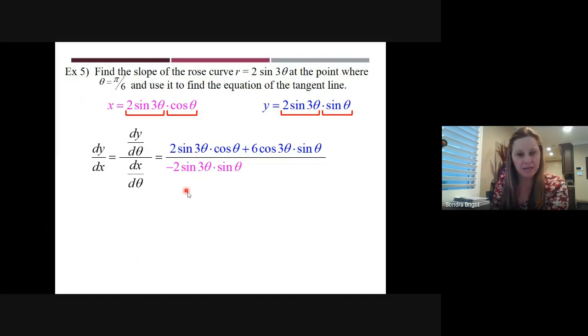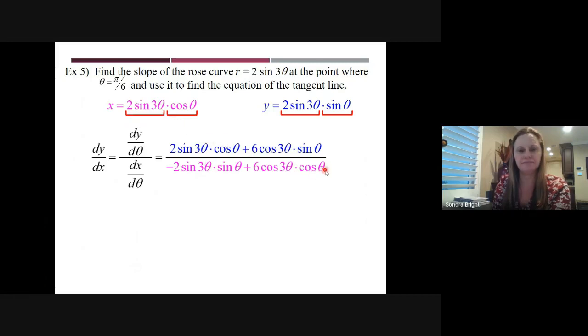And then it's plus cosine times the derivative of this guy. The 2 is just a constant, so it stays there. The derivative of sine is cosine of 3 theta, the chain rule says times 3, and 3 times 2 gives you 6. So it's a plus 6 times cosine of 3 theta, and then times cosine of theta.